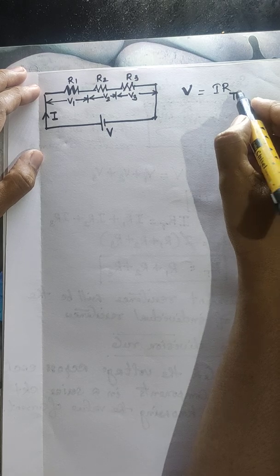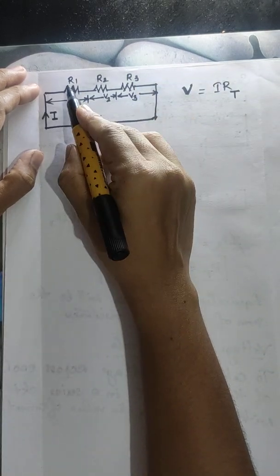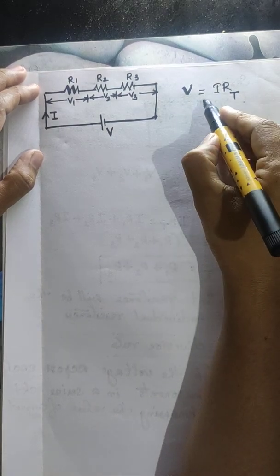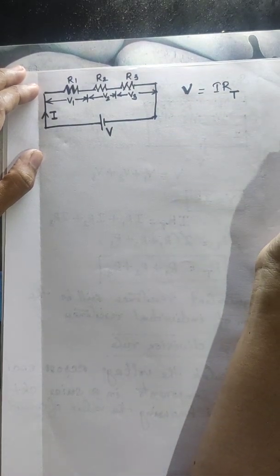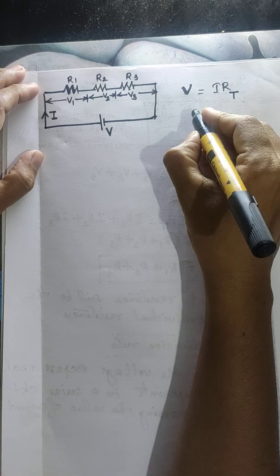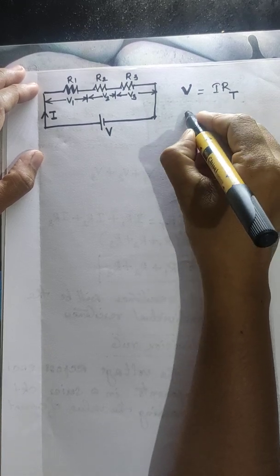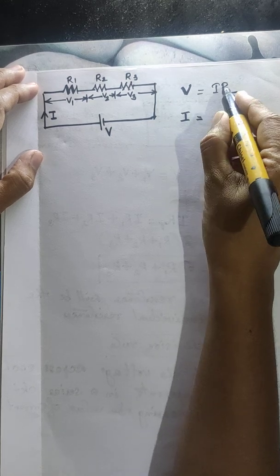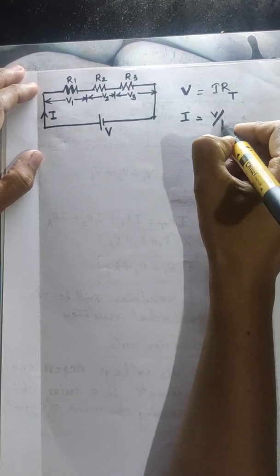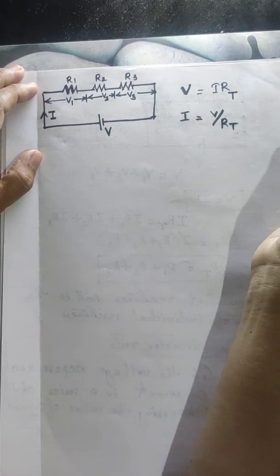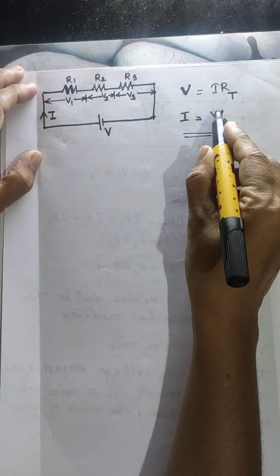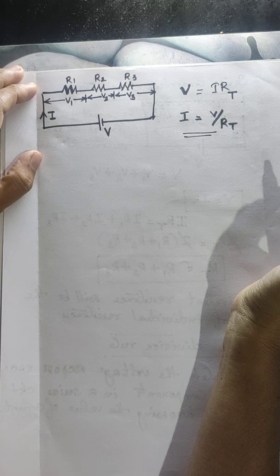In a series circuit, total resistance will be the sum of individual resistances. So we have V is equal to I into RT, and from here we can write the equation for current I. So I will be equal to V divided by RT.